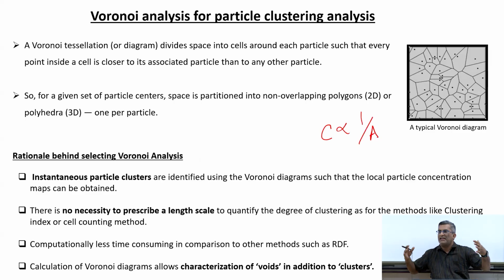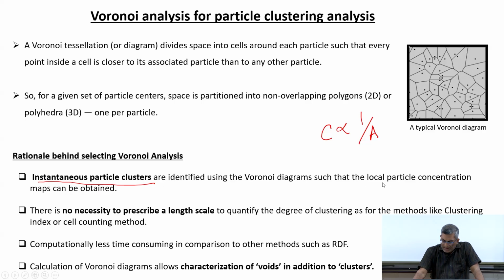So, if the area is large, then concentration is less. Inherently, you get a map of the concentration field. Where the concentration is high or low, you can see that. And we can do this for instantaneous images. So, we can get instantaneous particle clusters, which was not possible in the previous cases.